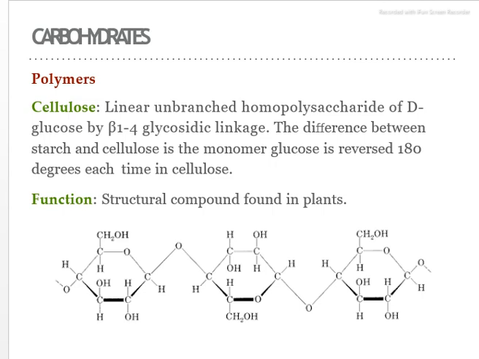The major GAGs are hyaluronic acid, chondroitin sulfate, heparan sulfate, heparin, and keratan sulfate. These are the major examples of glycosaminoglycans.